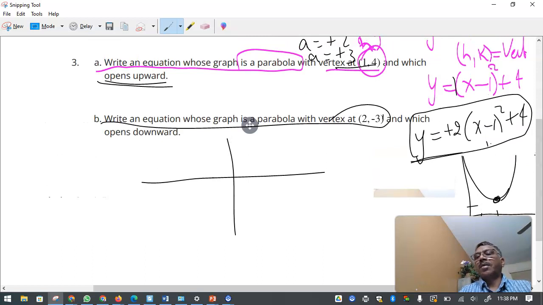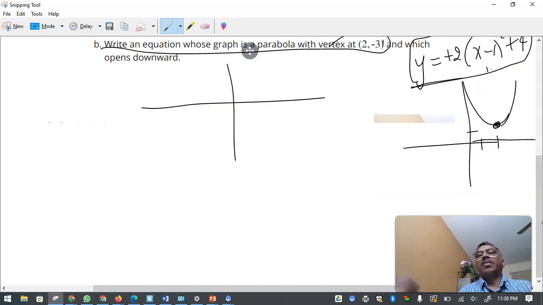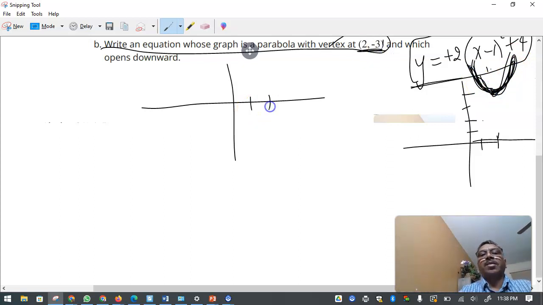The graph of 1 and 4, right? So the way I did it was wrong. You will have to find where is 4: 1, 2, 3, 4. So here. So this is the graph upward. The second one is at 2, minus 3. So it is 1, 2, and 1, 2 and 3. So here.